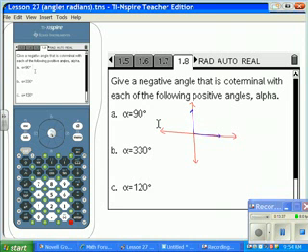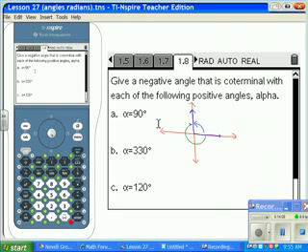Straight up. So here's my angle, 90 degrees. I want a negative angle that's coterminal. Coterminal means they share what? The same spot. Give me a vocab word. The same terminal what? Ray. Okay, it has to share the same terminal ray, and it has to be a negative angle. Okay, so my coterminal angle, if it's negative, which way am I going?